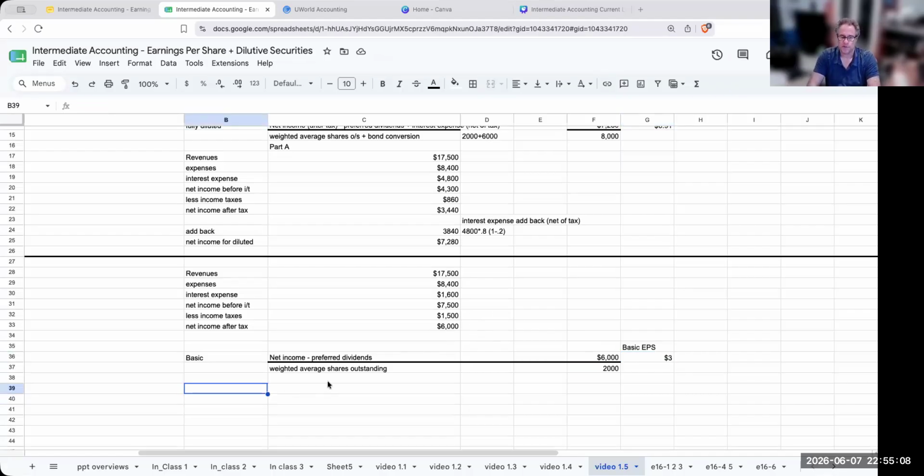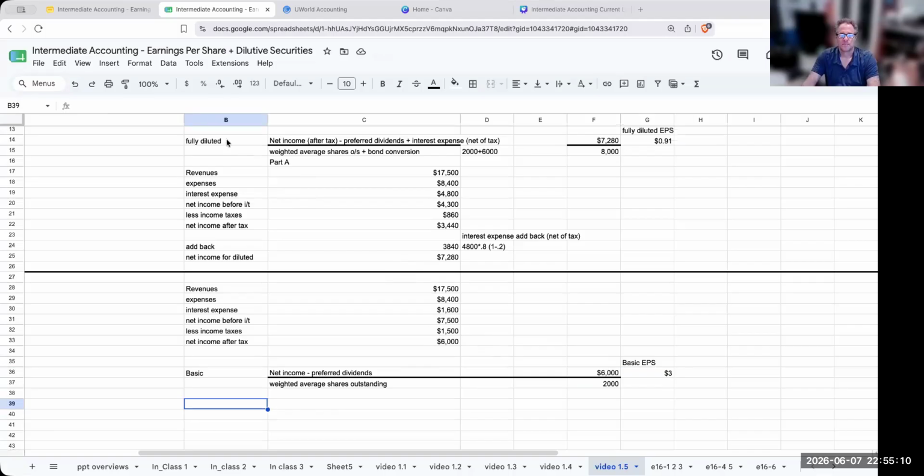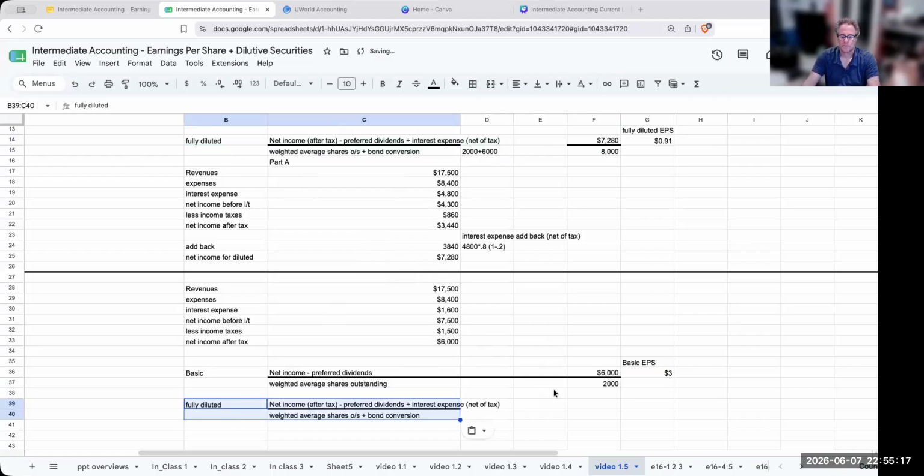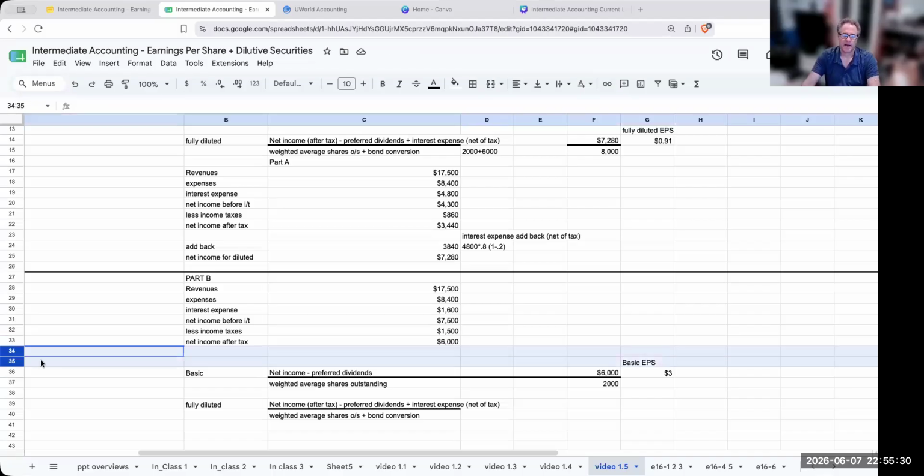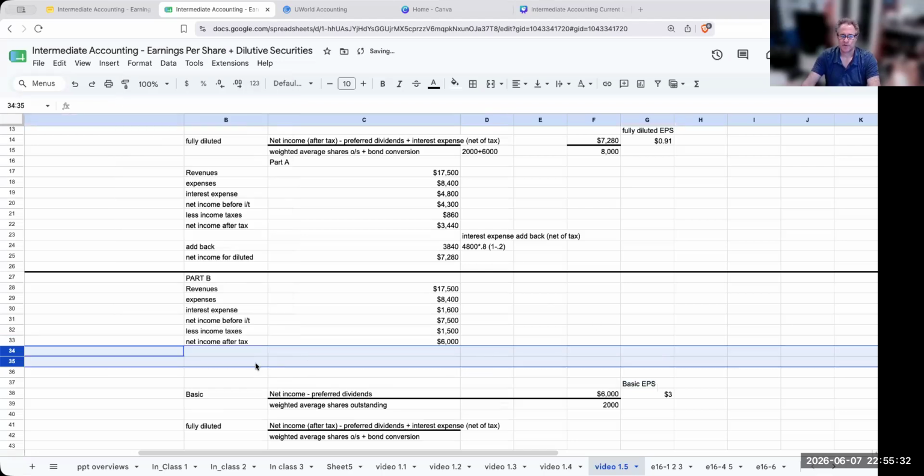Now, for the fully diluted, and again, this is for part B, what's going to be the difference? Well, I'm going to have to add back that interest expense.